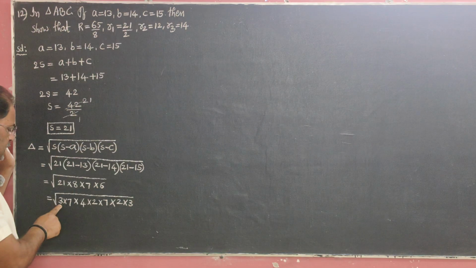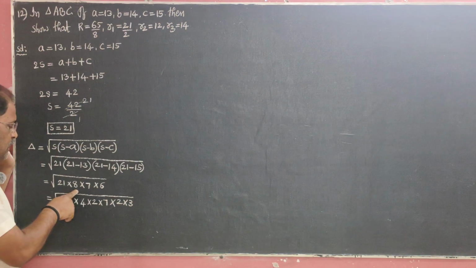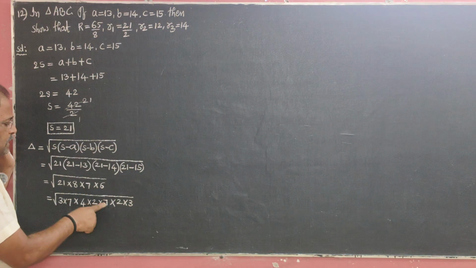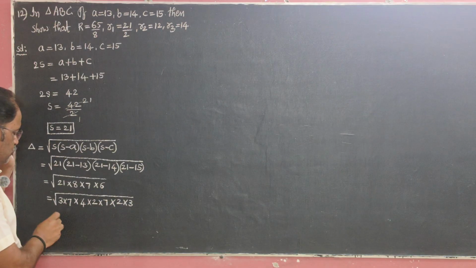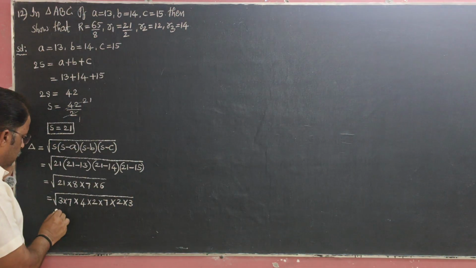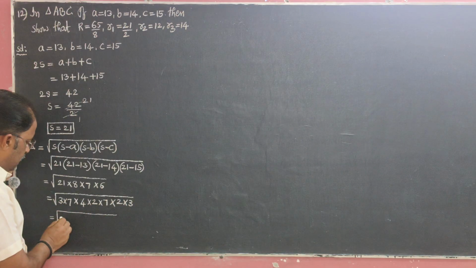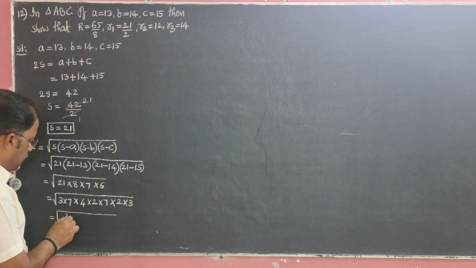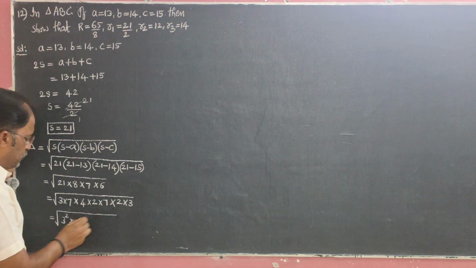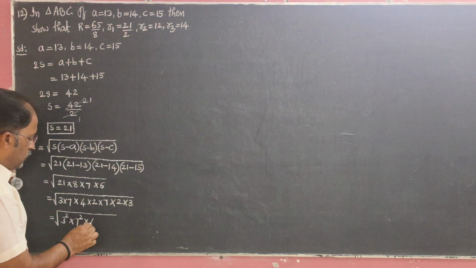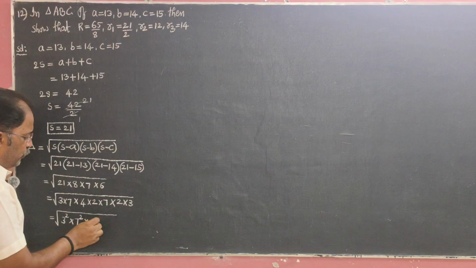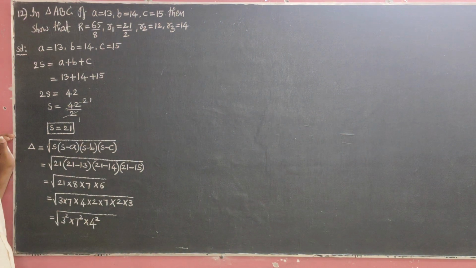So 3 into 3 is 3 square, 7 into 7 is 7 square, and 4 into 2 into 2 into 4 is 4 square.